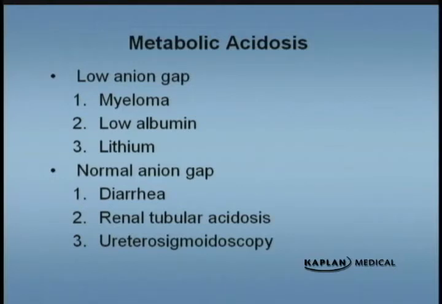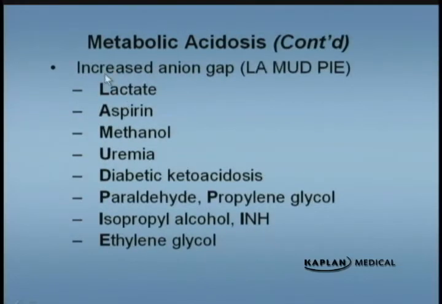Alcohol, methanol, ethanol, ethylene glycol. A normal anion gap is you're losing something. Diarrhea and RTA, I'm losing bicarbonate. But an elevated anion gap, lactate. Lactic acid is something that's now in you that wasn't there before. All the lactates in the world, increased anion gap.